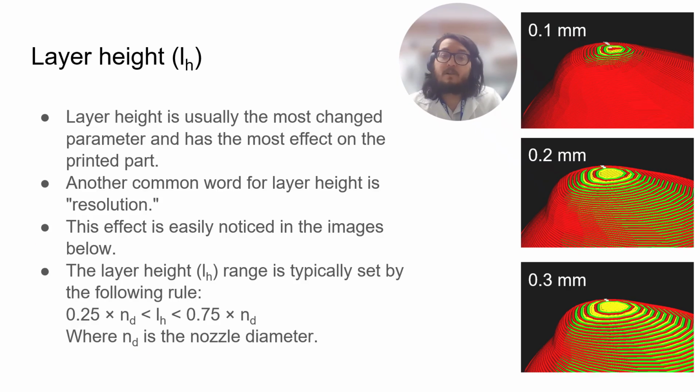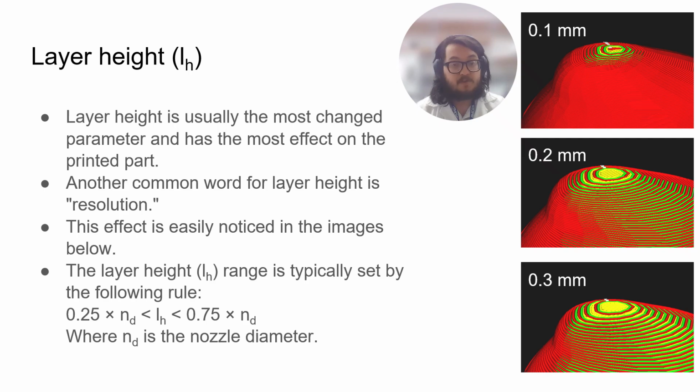Your nozzle diameter is the size of the hole of your nozzle. Typically, most printers come with a 0.4 nozzle. With a 0.4 nozzle, 25% of 0.4 is 0.1, and 75% of 0.4 is 0.3. And your sweet spot is going to be at that 50%.